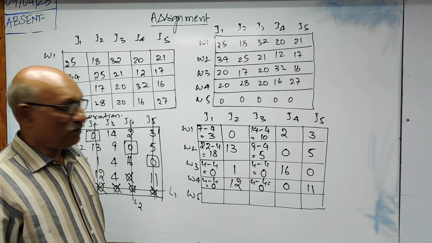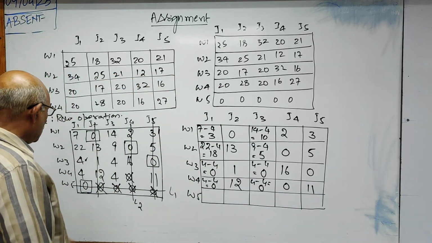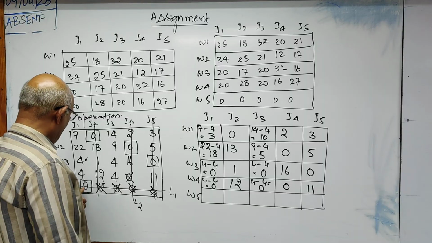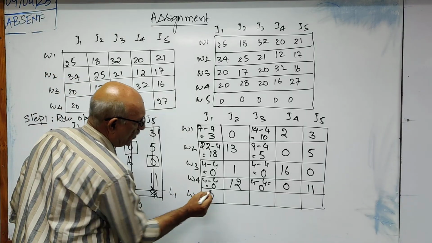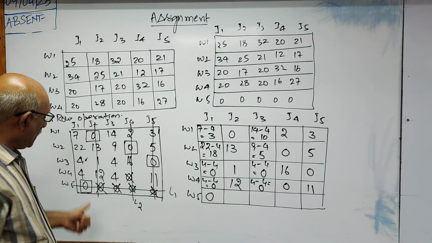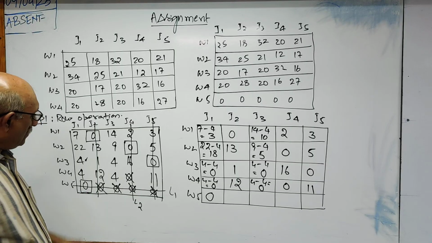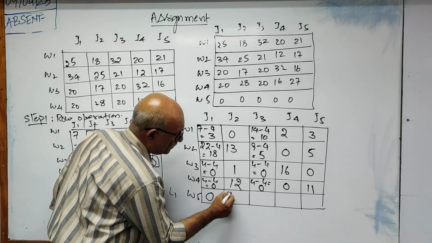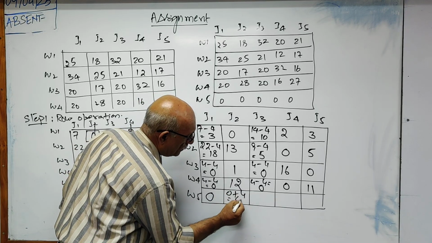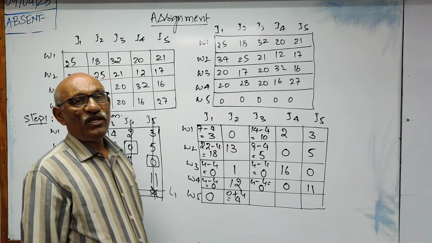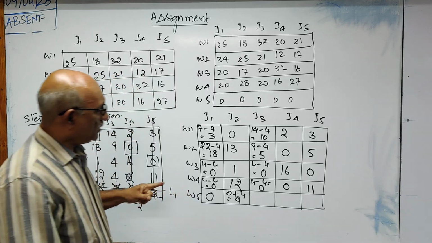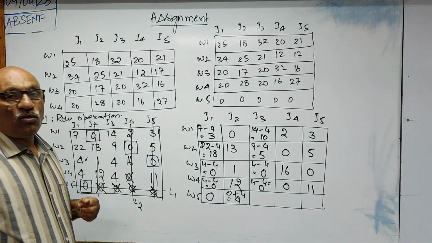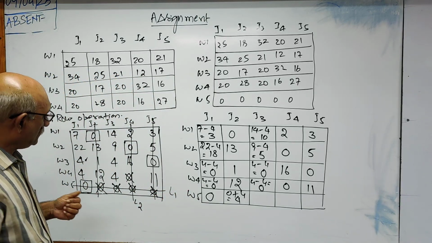It will remain the same. Next, go to the fifth row. From the first zero, a line is passing. This zero will remain the same. Next zero is at the intersection. Therefore, to this zero, the least value is added.